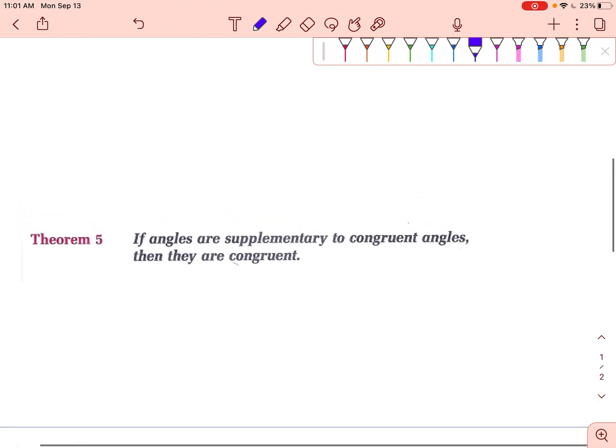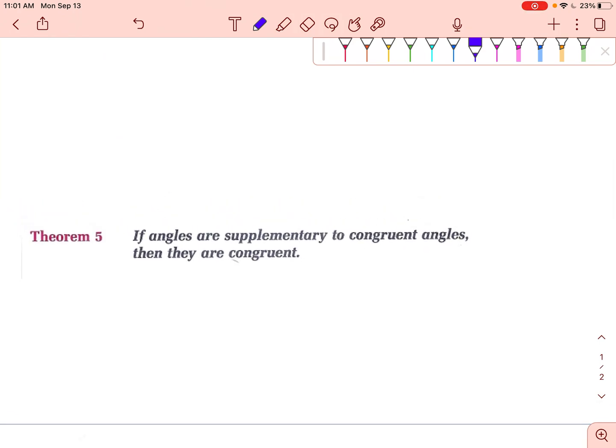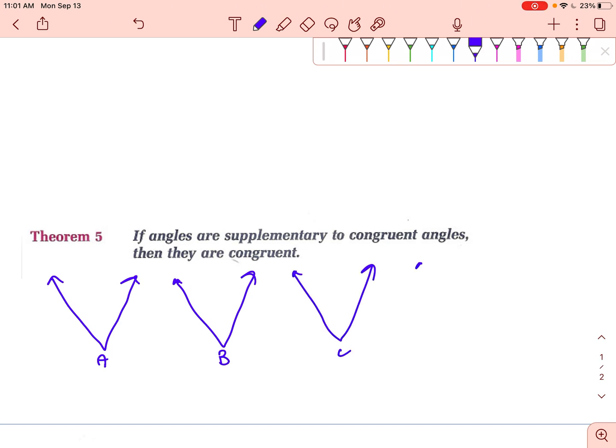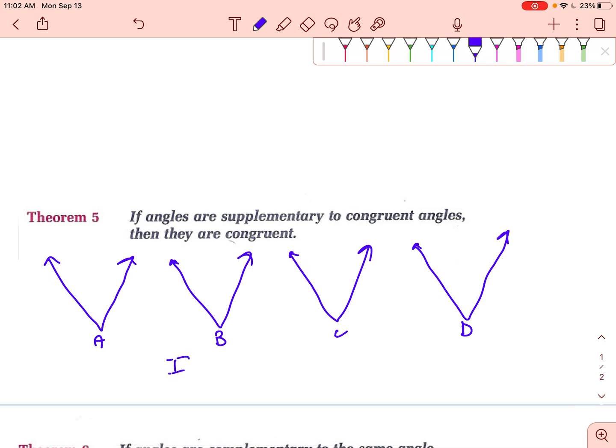In addition to that, this one has to deal with 4 angles now. So let's say A, B, C, and D. You should be writing all of these theorems down. So now this is given more information.